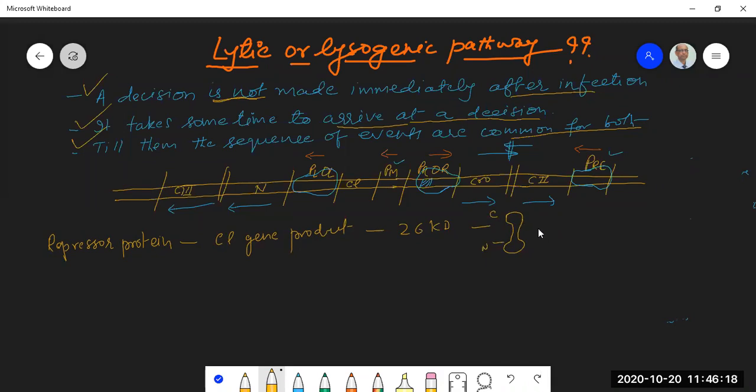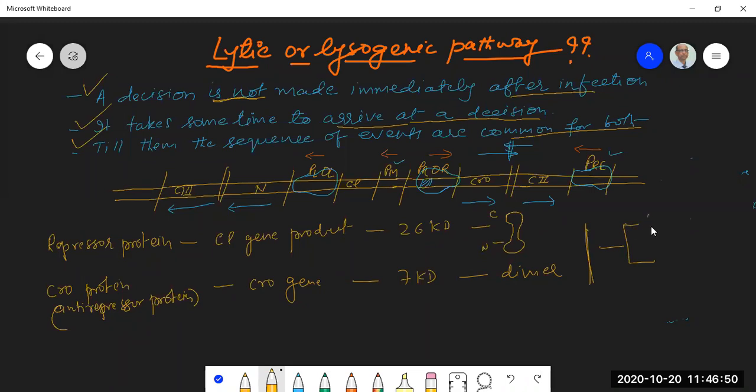Okay, so this protein is important, and the second protein is CRO protein, which is an anti-repressor protein. It is a product of CRO gene, molecular weight 7 kilodalton monomer, and the active form is dimer. The balance between these two proteins will decide whether the bacteriophage will go for lytic pathway or lysogenic pathway.